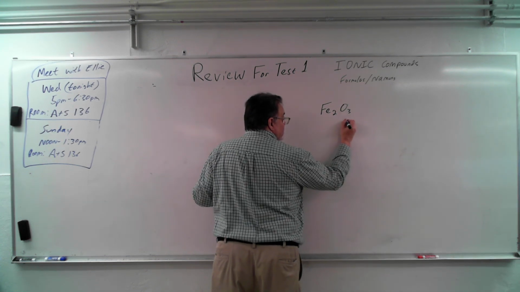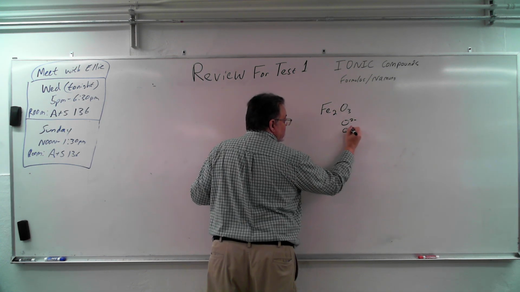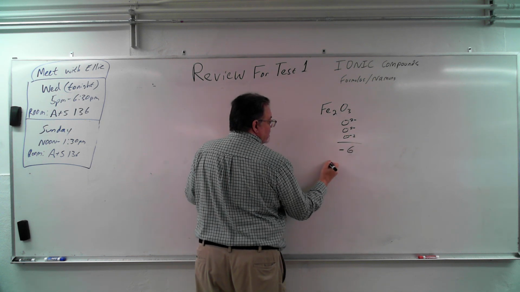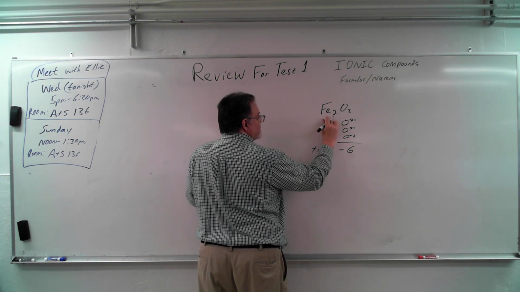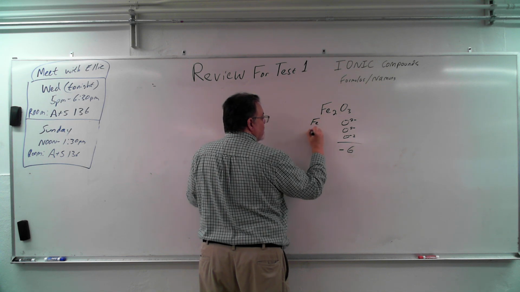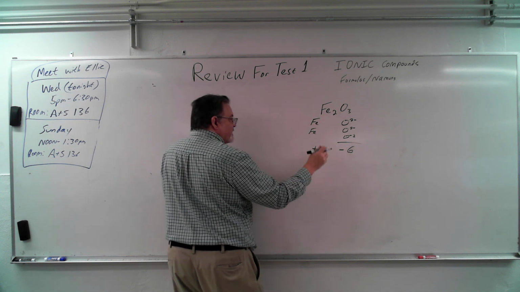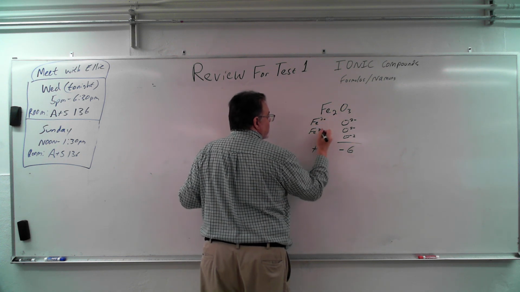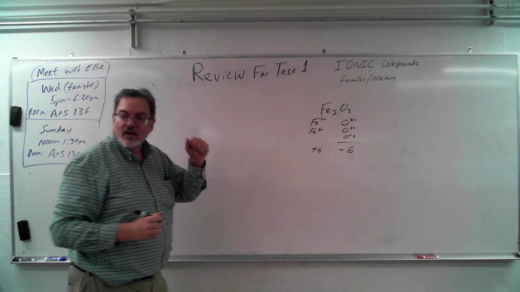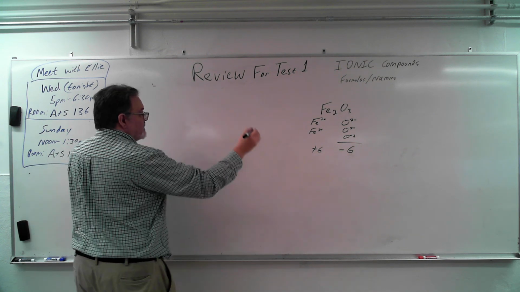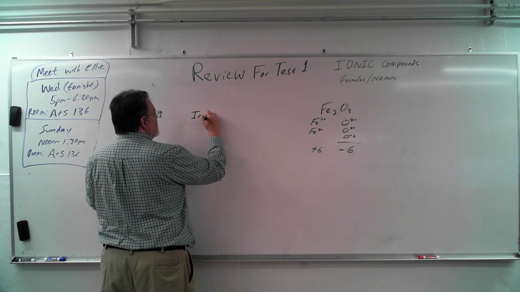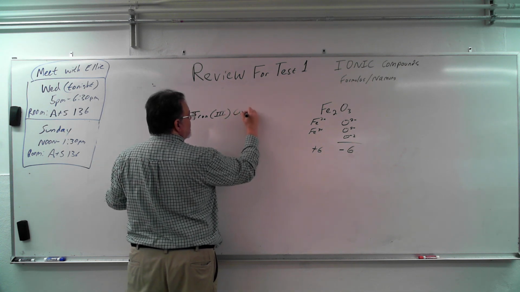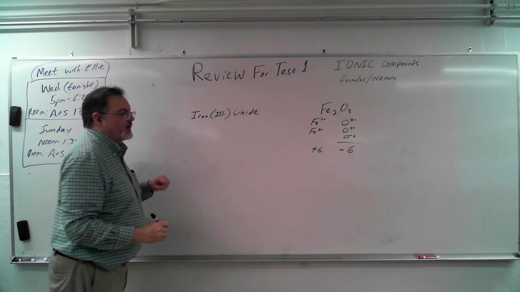There's 3 oxygens, and oxygen is 2 minus, so that's a total of -6. So we need a +6, and there's 2 irons. So we've got to split that +6 up into 2 irons, so it'll be 3 plus, 3 plus. So the charge on iron is 3 plus. Therefore, the name of this is iron(III) oxide.